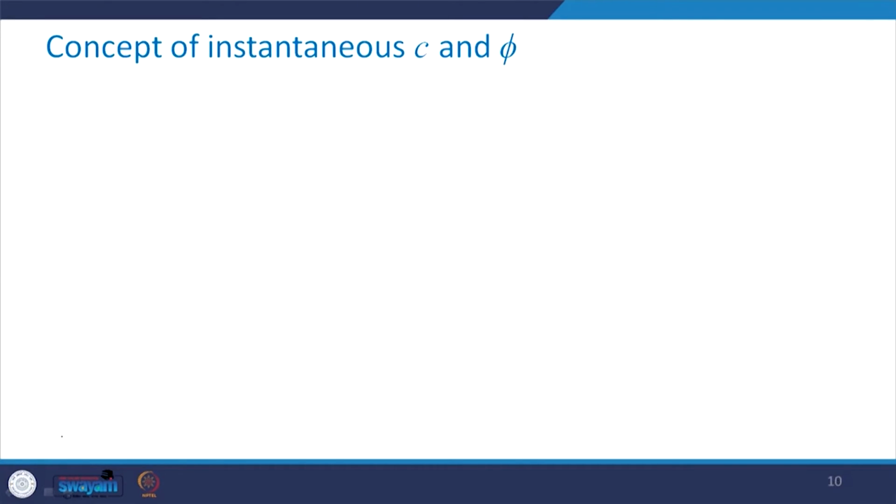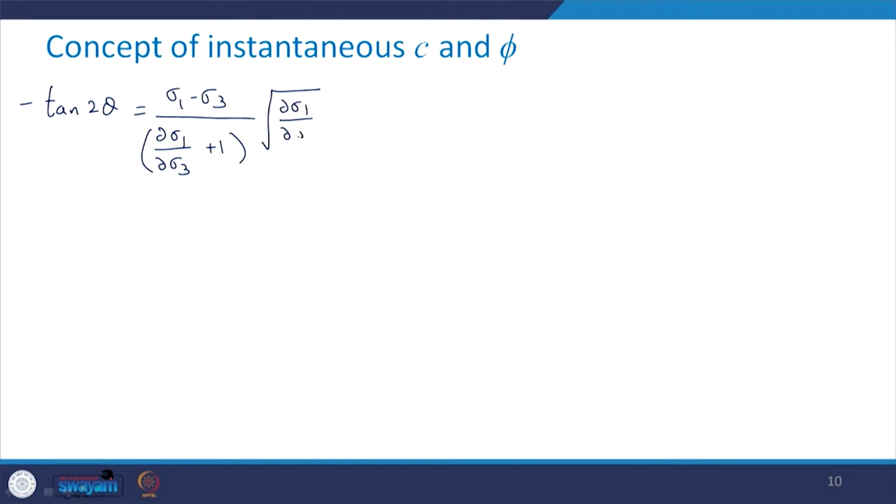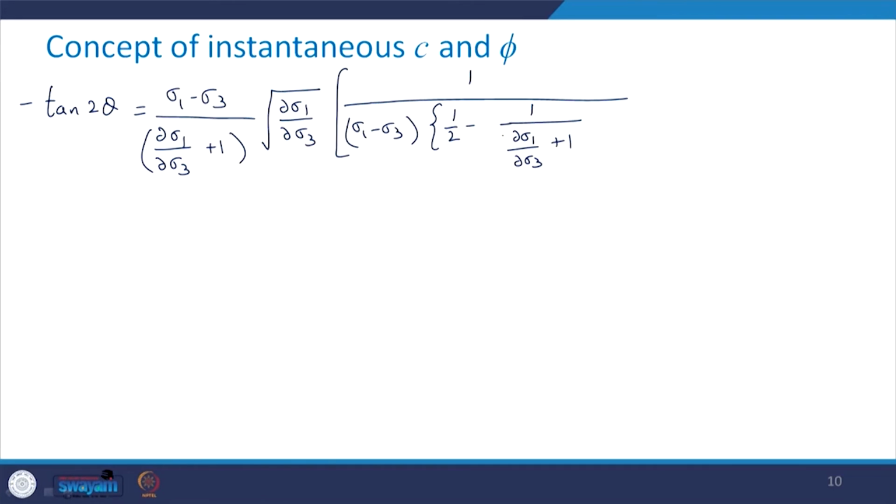So now we further simplify the earlier expression, which is going to be minus tan of 2 theta equal to sigma 1 minus sigma 3 divided by del sigma 1 del sigma 3 plus 1 into square root of del sigma 1 del sigma 3 and multiplied by 1 upon sigma 1 minus sigma 3 and half minus 1 upon del sigma 1 del sigma 3 plus 1.